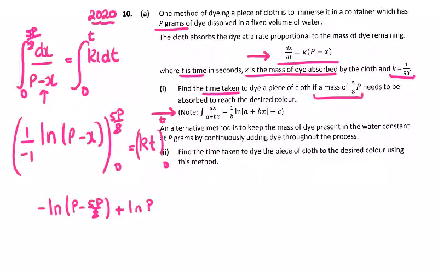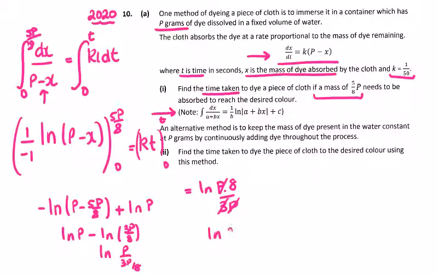So turning this around, just to have the plus first, we're going to get the natural log of P minus the natural log of 3P over 8, which will be the natural log of P over 3P over 8, which will be equal to the natural log of P times 8 over 3P. The P's will cancel, not the 3.